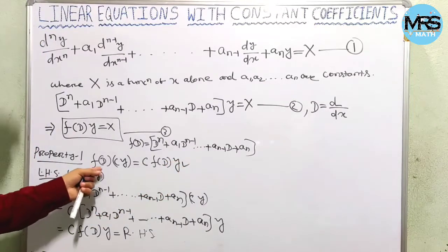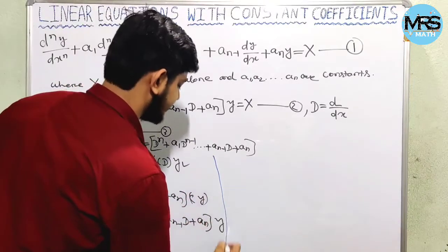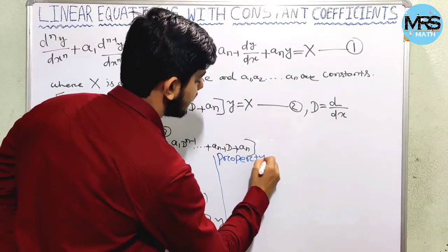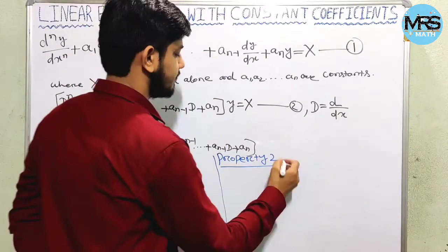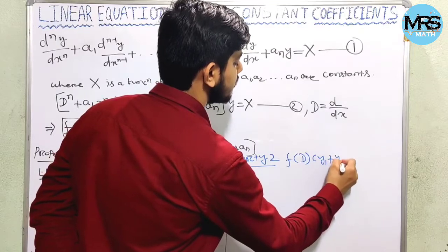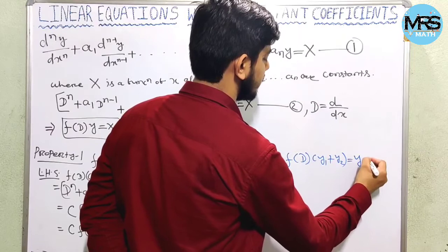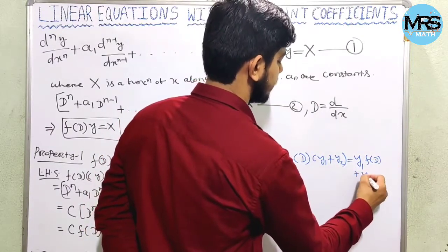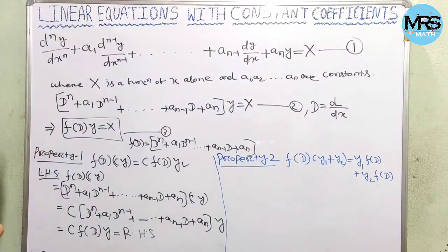Now we will see property number 2, that is f(D) of (y1 plus y2) is equal to f(D) y1 plus f(D) y2.